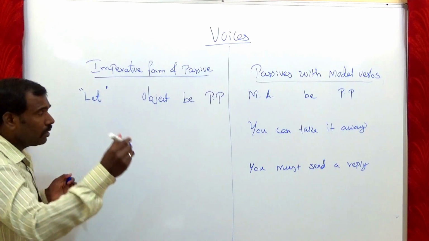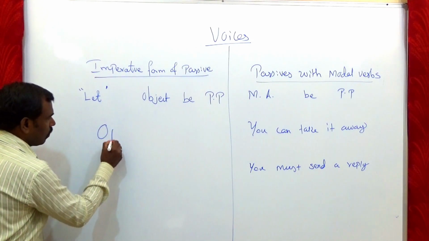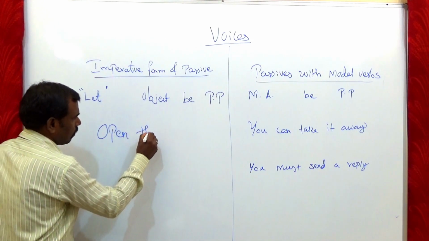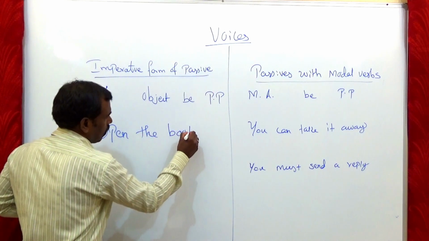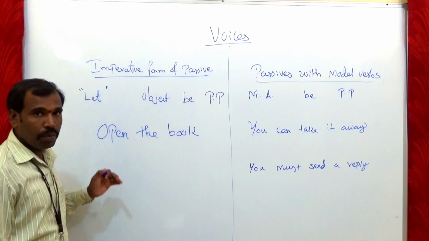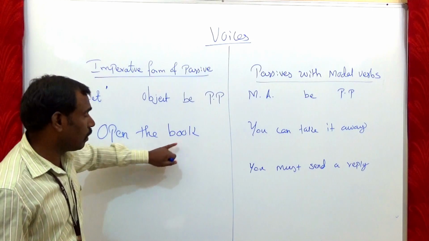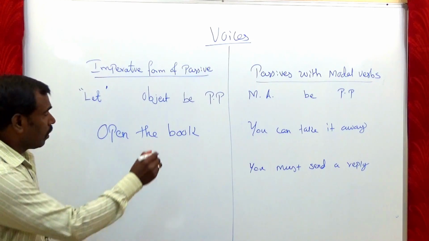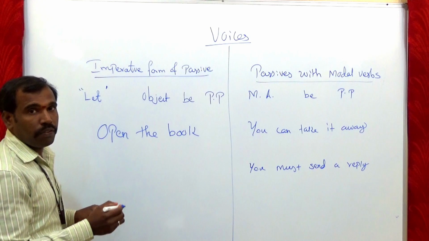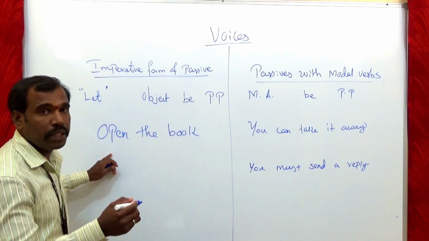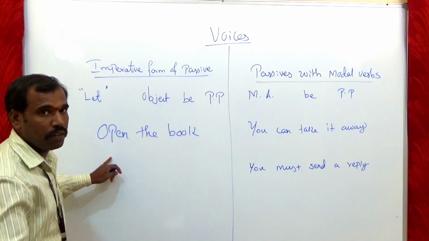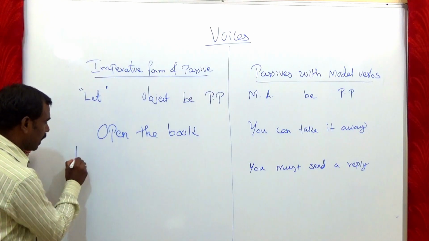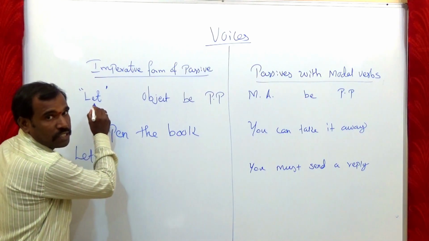For an example, open the book. Open is the verb and the book is the object. So the form for changing an imperative structure into passive form is that all passive forms start with let. So I have mentioned this clearly.